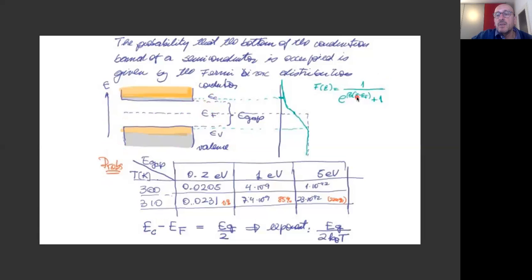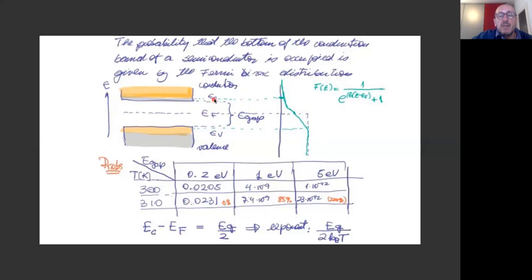This expression says take E and subtract it from EF. I want the electrons to be here. What is the probability that there's an electron there? It is then the difference EC minus EF. But EC minus EF, I know, is equal to the gap energy divided by 2, because the Fermi level is located in the middle of the gap.